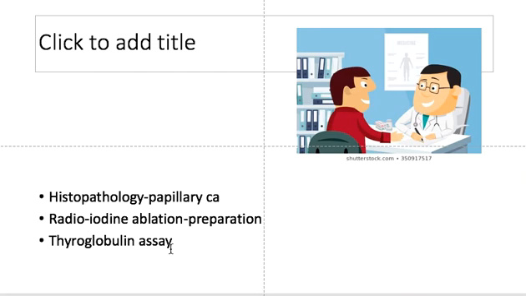So the ideal time would be just before the radioablation, with the TSH assay and the thyroglobulin assay, because now for radioiodine ablation you have stopped the thyroxine, or after surgery, if you can do it within 6 weeks, you don't give the thyroxine post-operatively. So anyway, the patient is off thyroxine for 6 weeks for the radioiodine ablation, and there's maximum TSH stimulation. So that is the best time to get the thyroglobulin assay. This is called the stimulated thyroglobulin test.